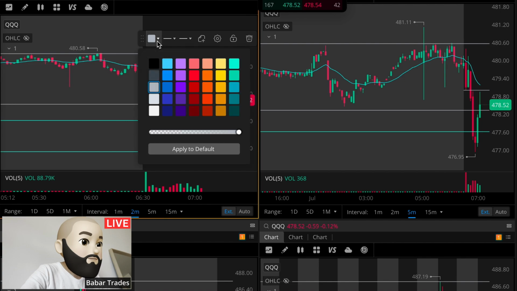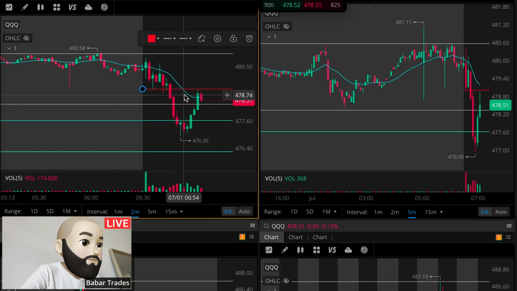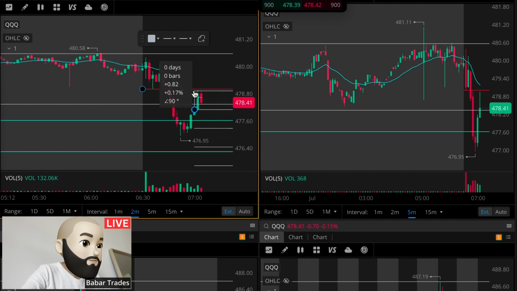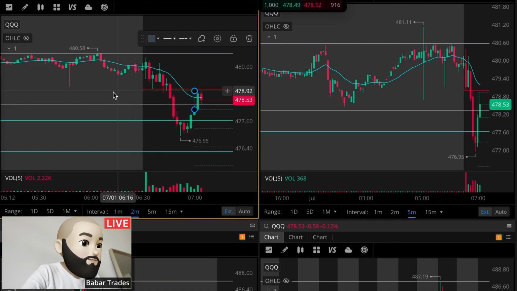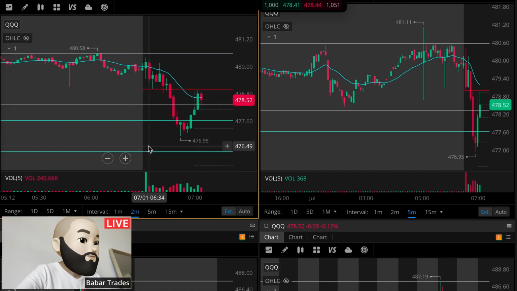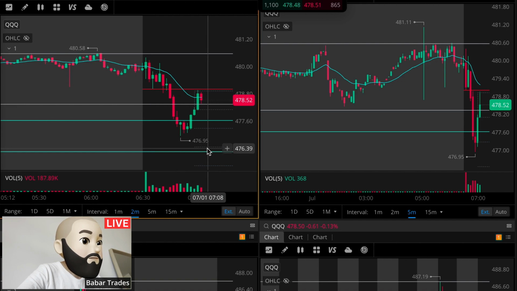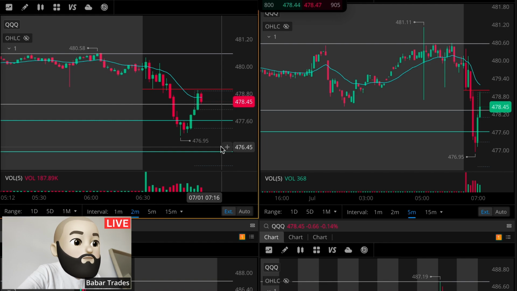This could be a potential stop area, actually. That would be about a 2-to-1 if it starts continuing down towards 476.50.